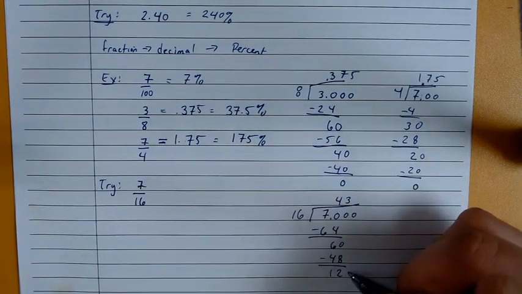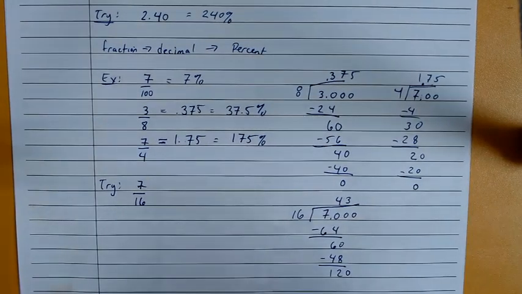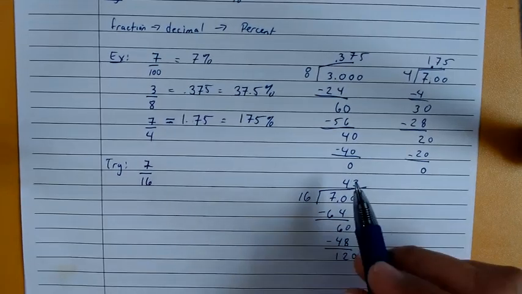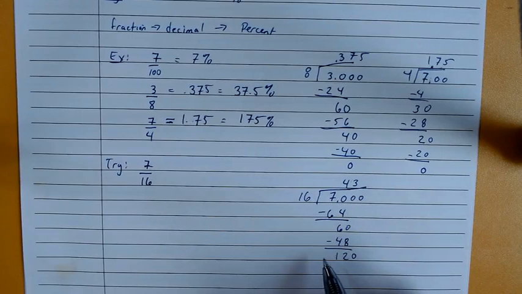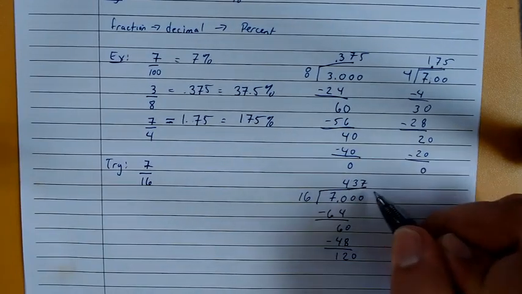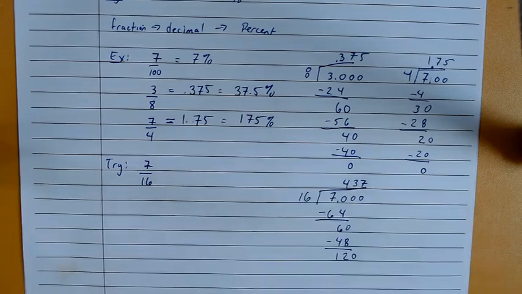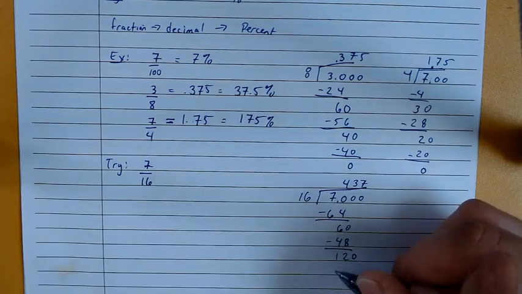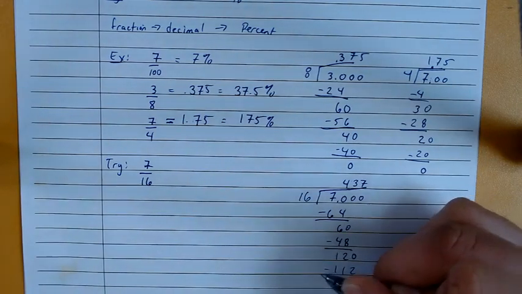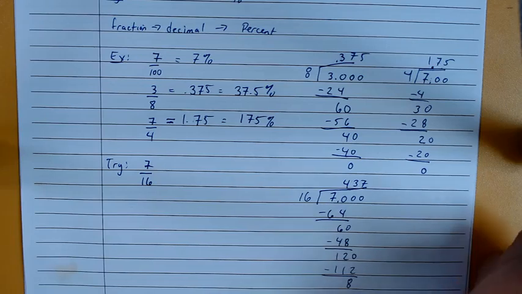Let's put a 0 and bring that down. 16 goes into 120. That would be 7, because 8 times 16 is 128. That's just a little too big. So 7 works. 7 times 16 gives us 112. And when we subtract that, that's going to be 8.